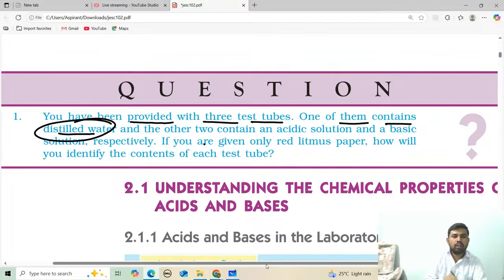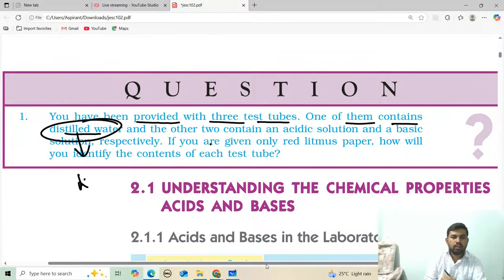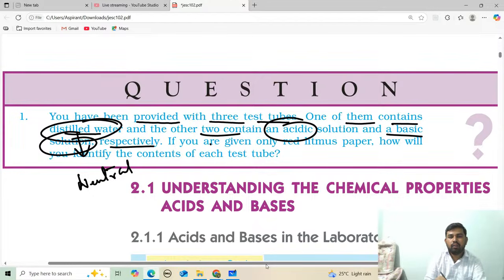Remember, it is not an acid; it is neutral, that you should know. The other two contain acidic and basic solutions respectively. If you are given only red litmus paper, how will you identify the contents of each test tube?